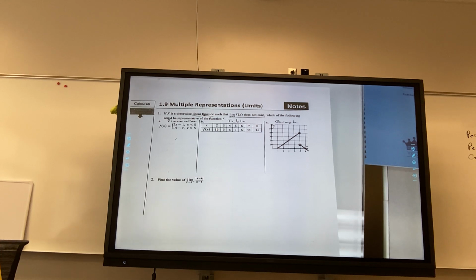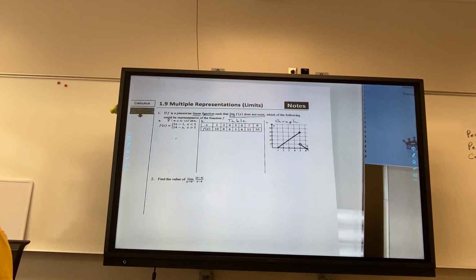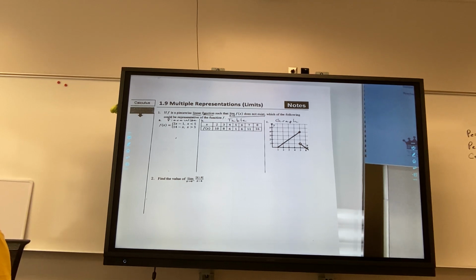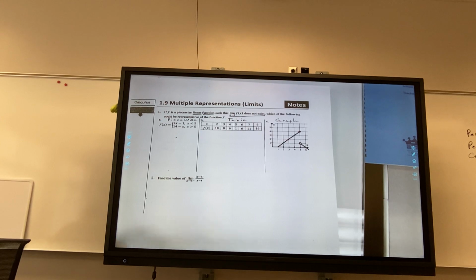Now again, the question is, which of the following could be a representation of f which does not have a limit at 5? Does f not have a limit at 5 on C, that graph? So this is yes.